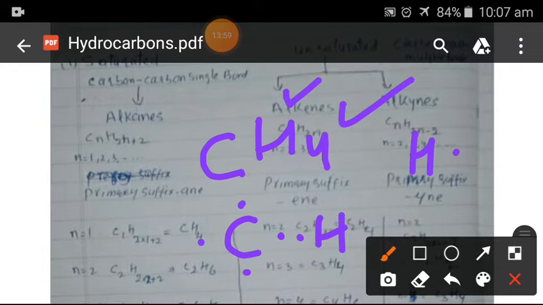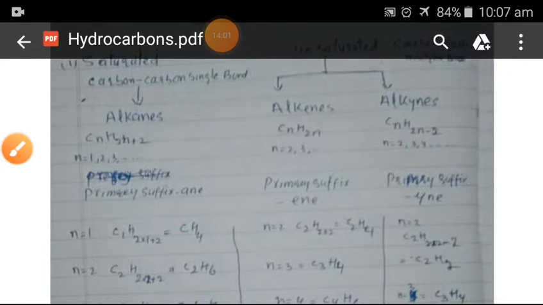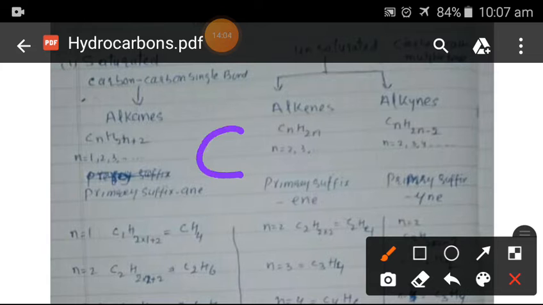Similarly you will see here, let me draw again. Carbon contains 4 valence electrons in methane, and 4 hydrogen atoms come here. The first hydrogen comes with 1 electron, so it undergoes mutual sharing with the carbon, and it forms a bond that is called a covalent bond. That is one covalent bond.